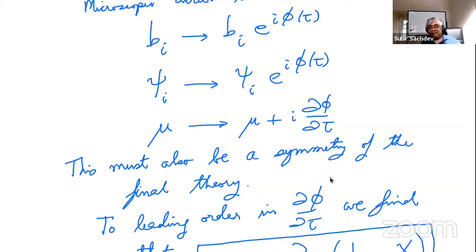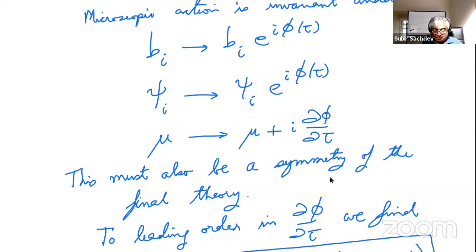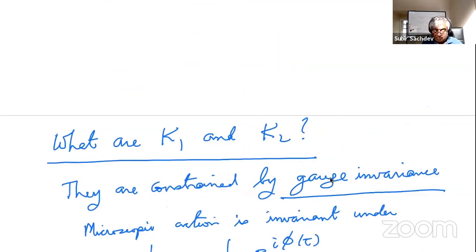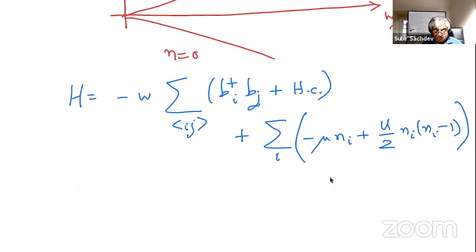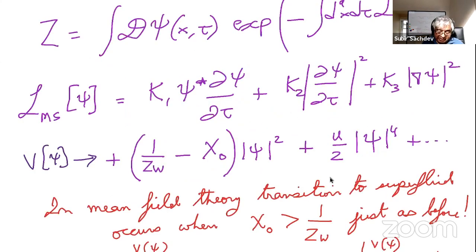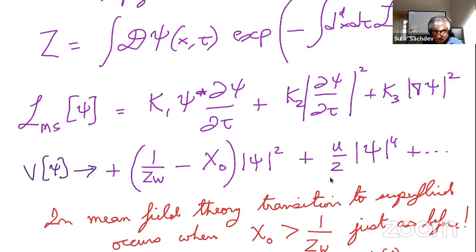Well, the argument is that what I'm doing in this theory is computing everything as a function of mu in some low frequency approximation. So these couplings K1, K2, everything that you see here, everything inside is a function of mu. It's some strange function of mu that I don't really know.